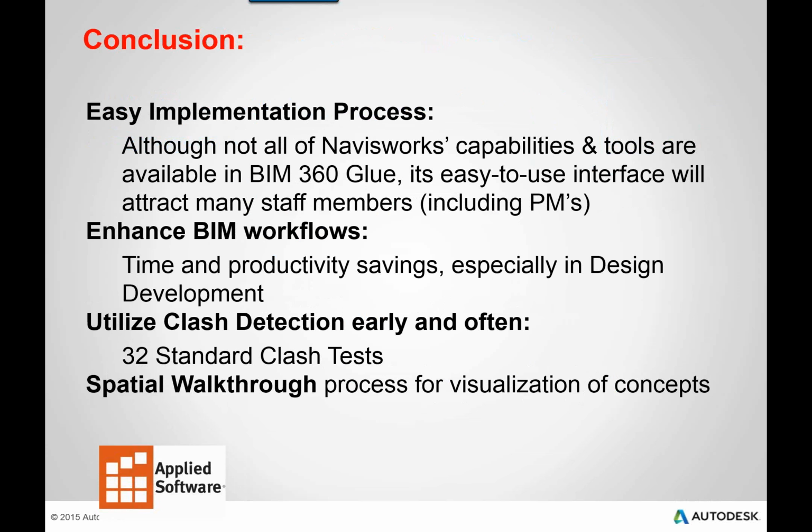Last, in conclusion, BIM 360 is easy to integrate, and you don't have to use all of Navisworks' capabilities. They've basically stripped it to its essence so that you can use this easy-to-use interface, ability to be used by anyone on the design team, increasing your workflow, and utilizing clash detection, or I call it clash avoidance, early and often. And you can also do walkthroughs.